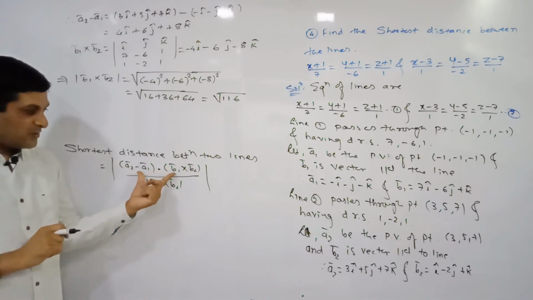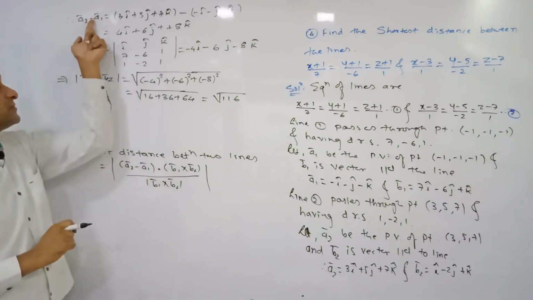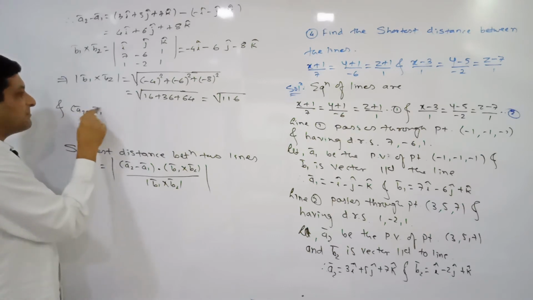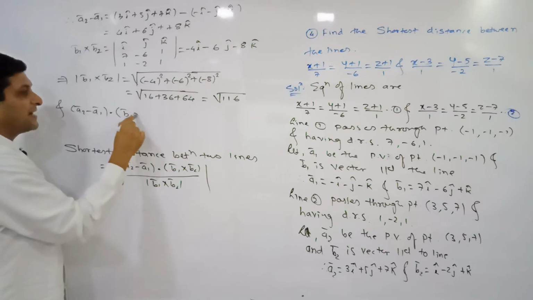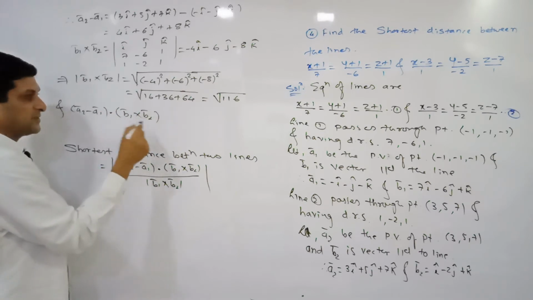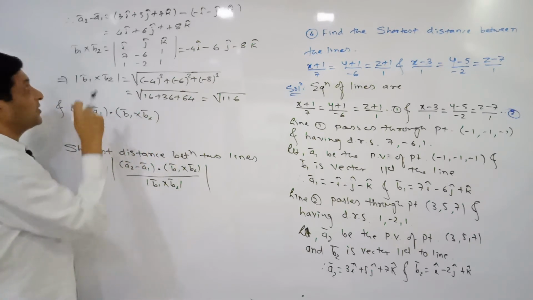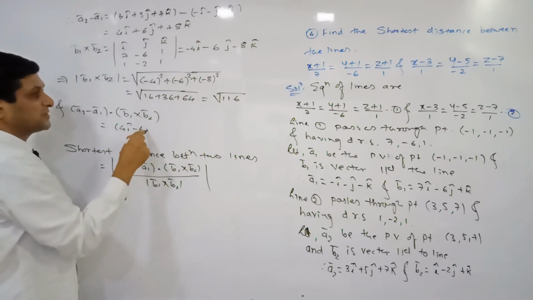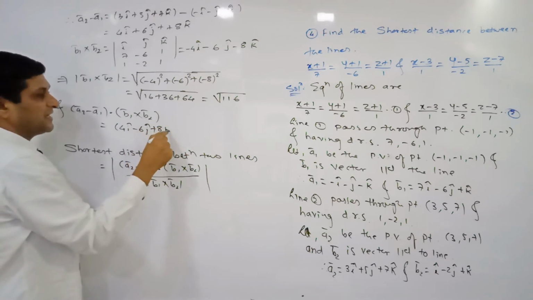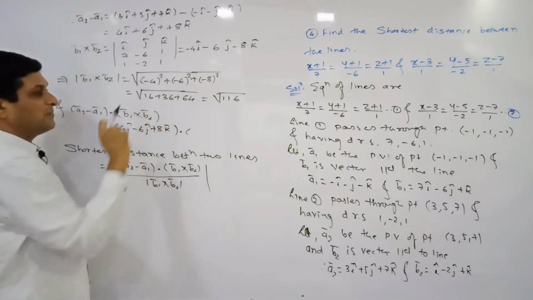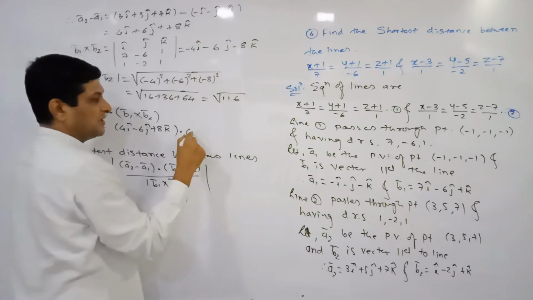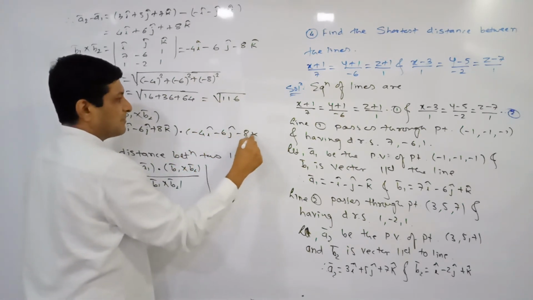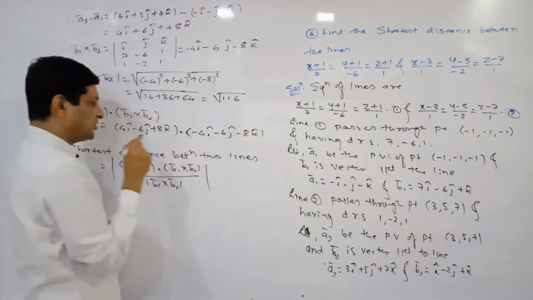Now we are trying to find the value of the numerator, meaning the dot product of these two vectors: A2 bar minus A1 bar dot B1 bar cross B2 bar is equal to. Now let us substitute the values. What is the value of A2 bar minus A1 bar? That is 4i cap plus 6j cap plus 8k cap, dot, and the value of B1 bar cross B2 bar is minus 4i cap minus 6j cap minus 8k cap. Now we are finding the dot product of these two vectors.